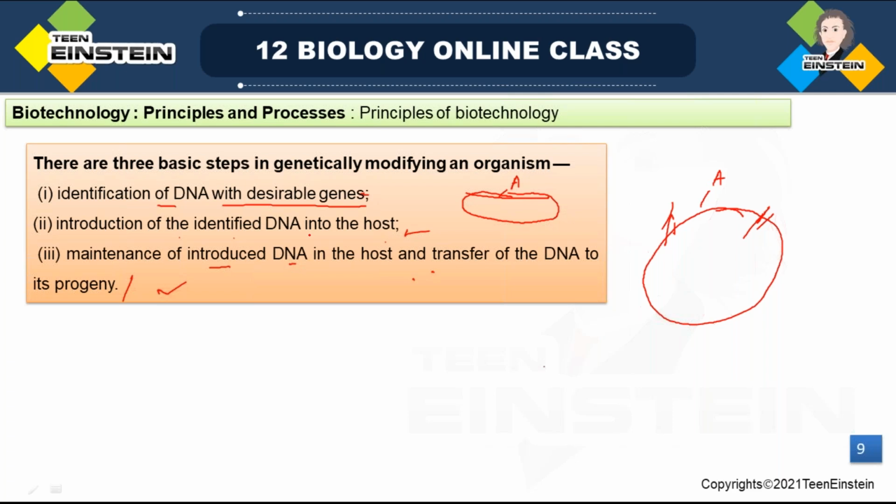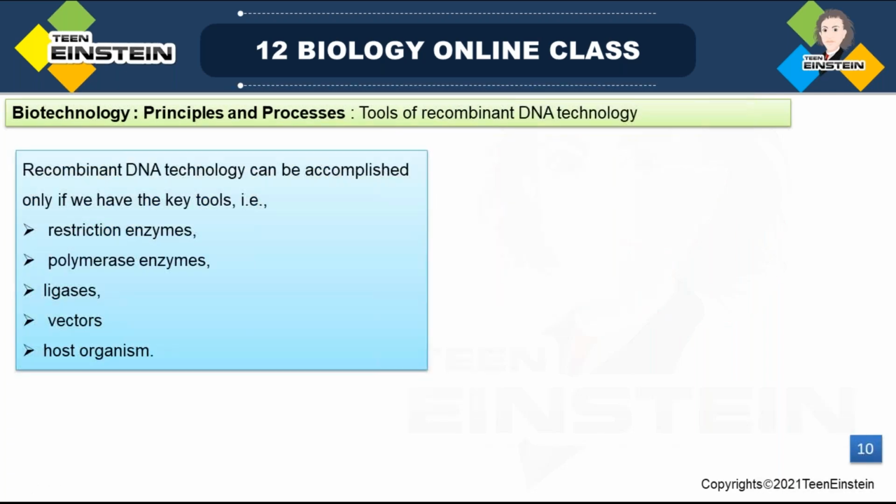So next, what we need to learn is which tools are used for recombinant DNA technology. We need to learn a lot about that. We need to learn about restriction enzyme, polymerase enzyme, ligase, vectors, host organism.